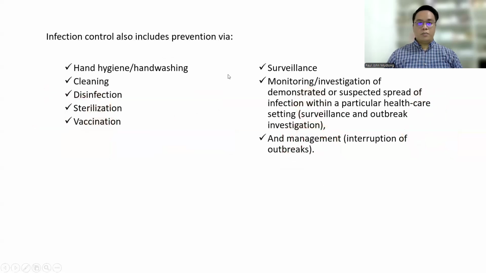Infection control also includes prevention via hand hygiene or hand washing, cleaning, disinfection, sterilization, and vaccination, surveillance, monitoring or investigation of demonstrated or suspected spread of infection within a particular healthcare setting. So either surveillance or outbreak investigation, and of course, management or the interruption of outbreaks.